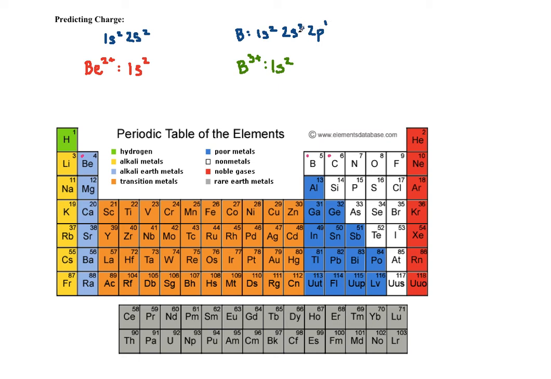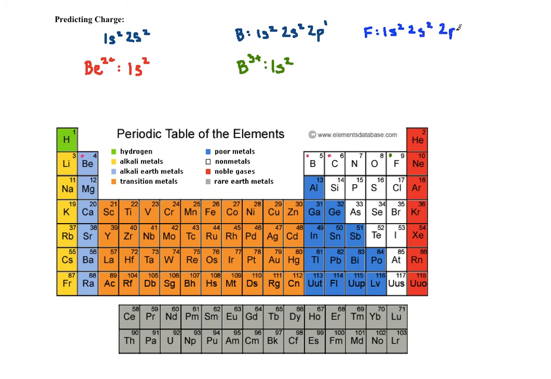Okay? Now I'm actually going to skip carbon and go to fluorine. If we write out the electron configuration for fluorine, you would get 1s2, 2s2, and then 2p5.